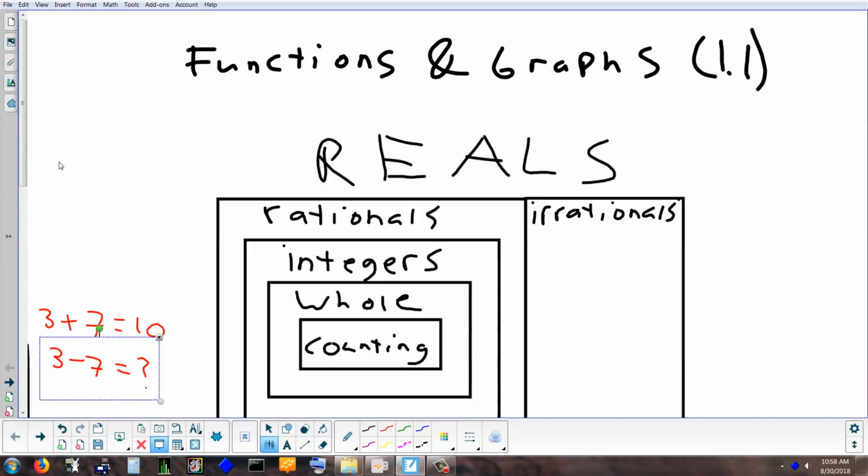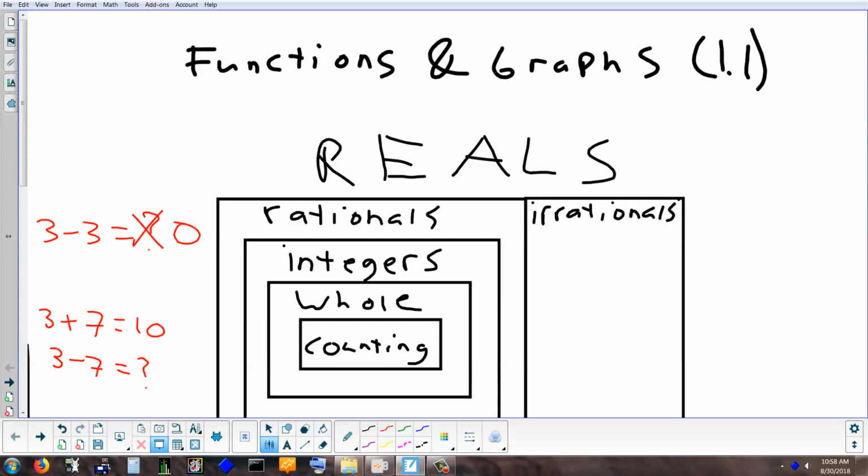So that's why we need to invent a type of number that would allow us to do it. In fact, you can't even do 3 minus 3. If all you understand is counting numbers, the answer to this problem is undefined. So that's why we have whole numbers. Now, we can answer that question because the number 0 exists.